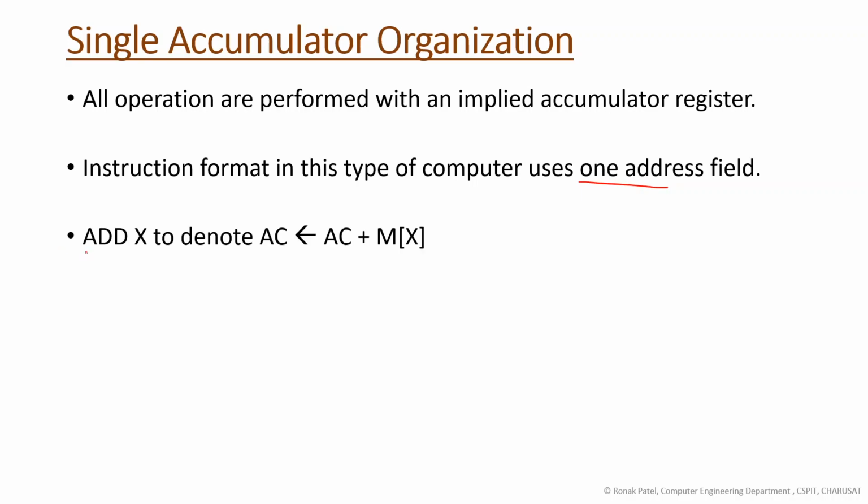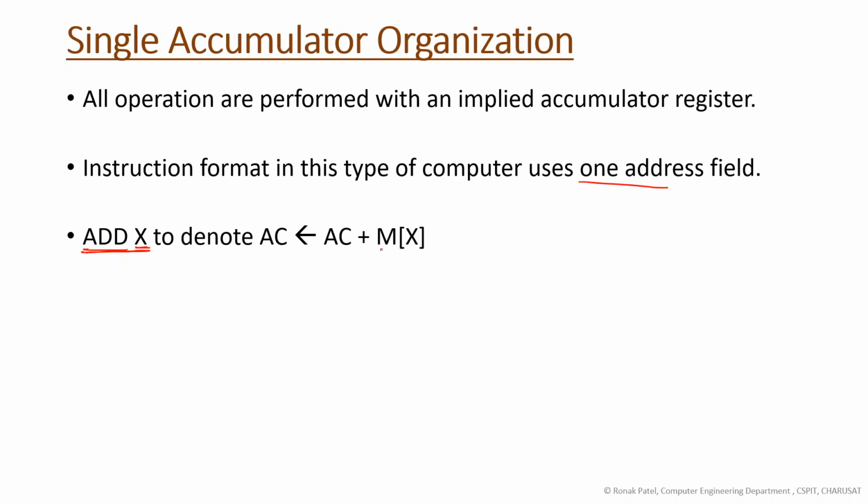Suppose add X. This is the instruction for single accumulator organization. Here this is the operation, and this is the address, and we are specifying only one address. So what does this instruction do? Add X gives an address.